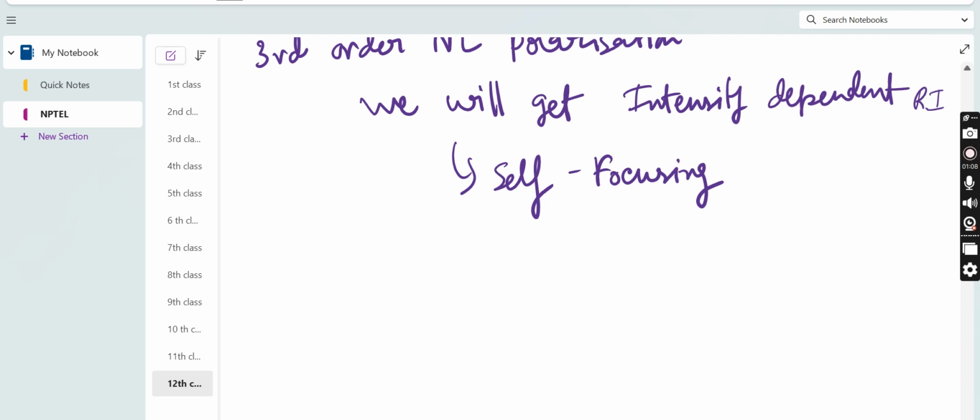Well, the material acts as a positive lens in self-focusing. So that can be illustrated like this.